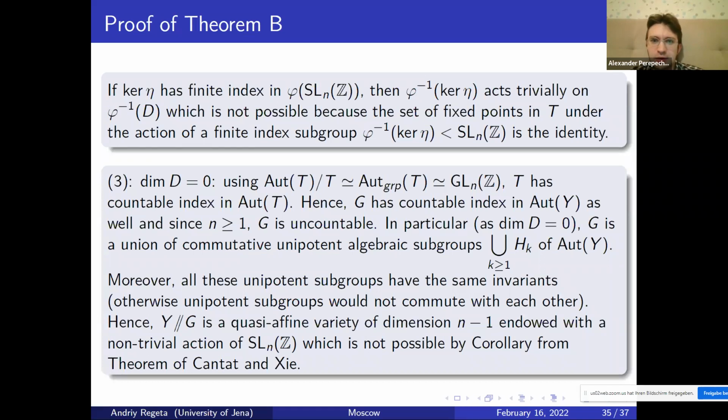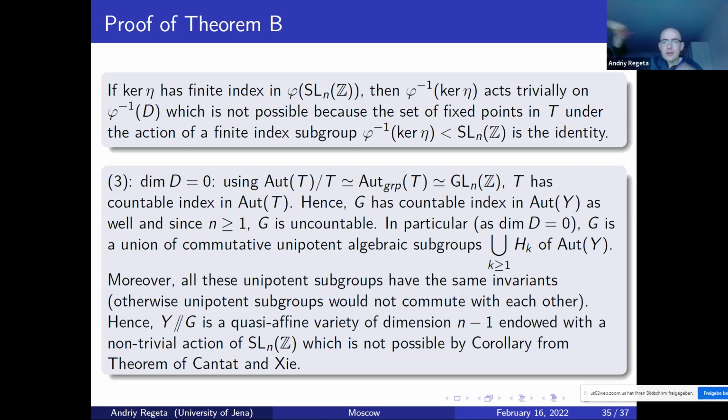Why is this example not possible? Well, you essentially take a two-dimensional unipotent group which acts with a two-dimensional orbit, right? Yeah, let us say that maybe it does not exist, but several unipotent one-dimensional subgroups from there exist.